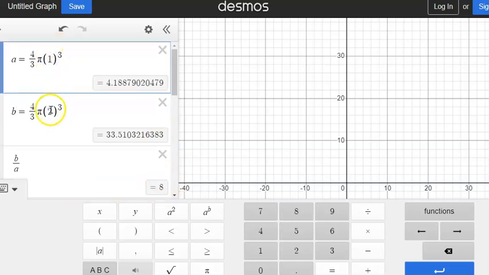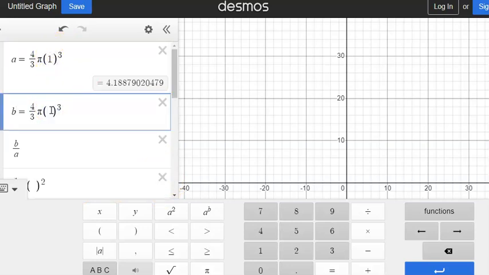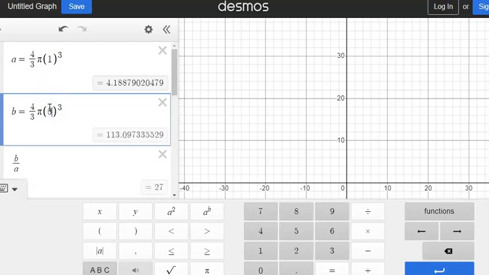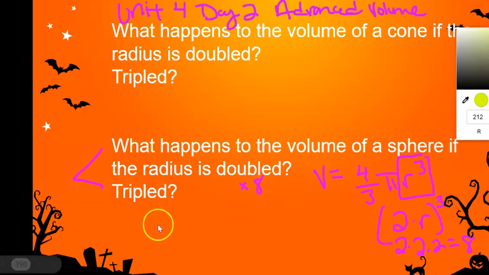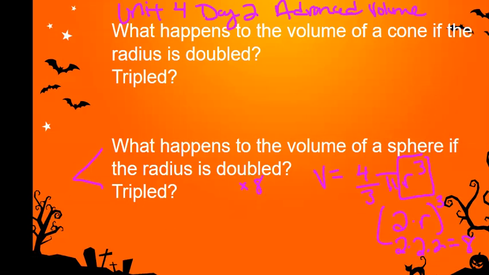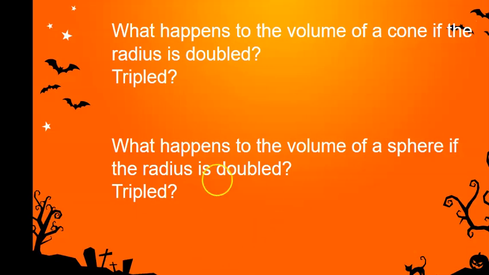What about if I triple the radius? Then I would go from 1 to 3. And now I went all the way from 4 to 113, which apparently is 27. Let's go back to the formula and see if that makes sense. So if I'm tripling the radius, again the formula is 4/3 pi r to the third.